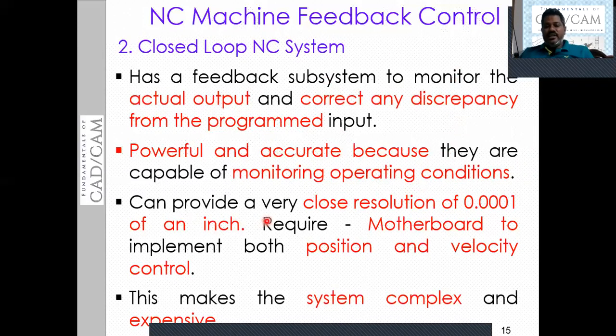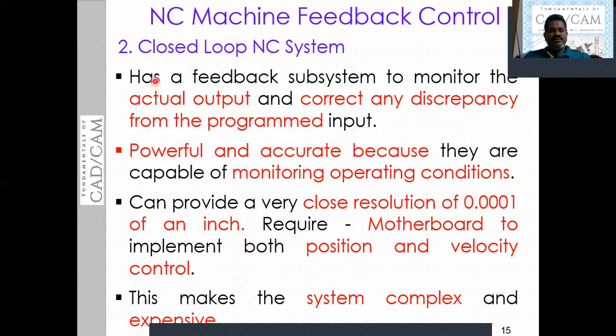This can provide a very close resolution. That means this closed loop system can come close to 0.0001 of an inch. That is the accuracy of the closed loop NC system.